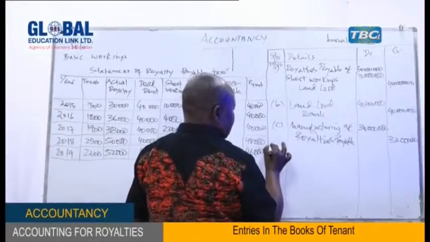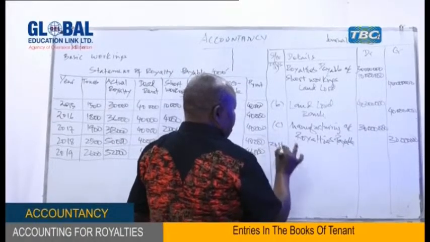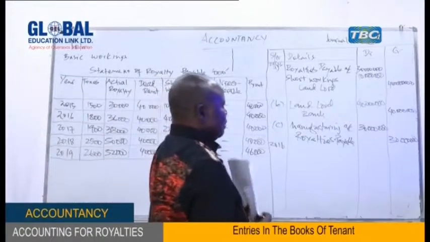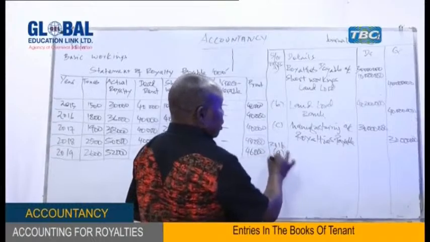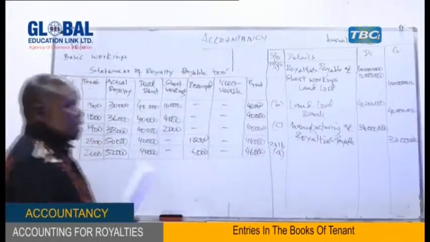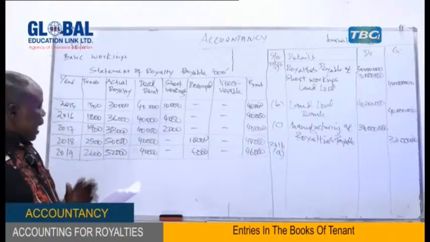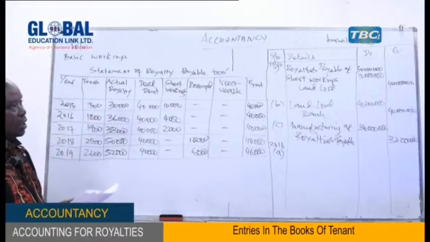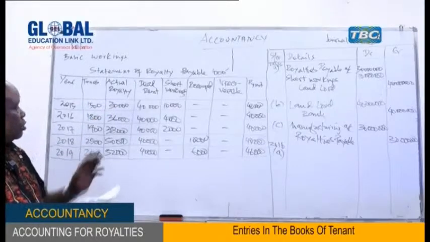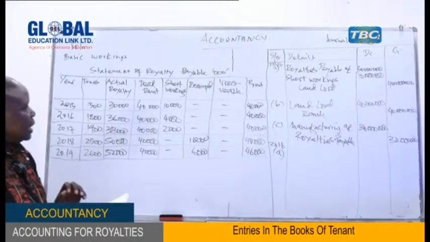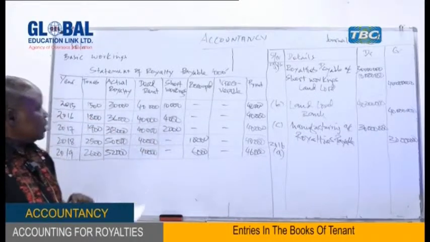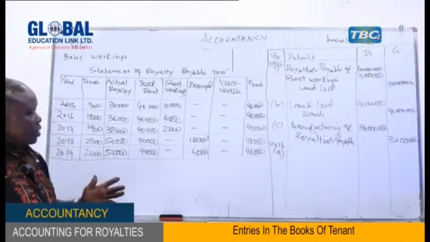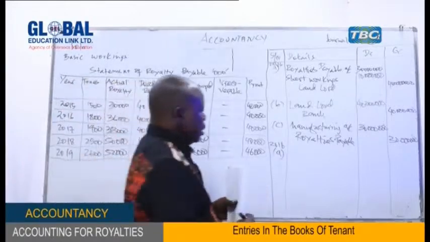So the year 2016, our double entry will be the same because we are still with short workings. So we are going now to debit the royalties payable, the actual amount. Now for 2016, the actual amount is 36 million. So we are going to debit the royalties payable, and also we are going to debit the short workings of 4,000, and the total will be credited to landlord.